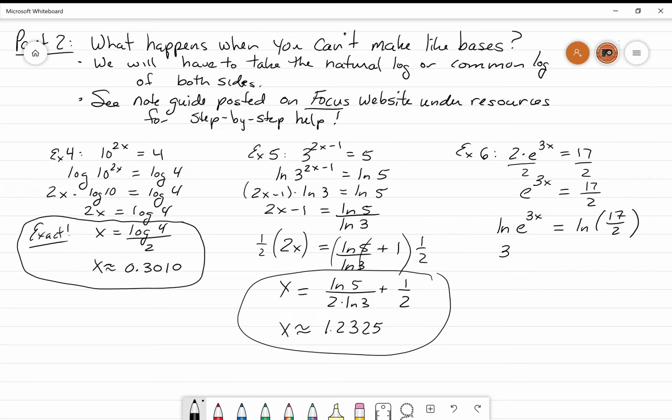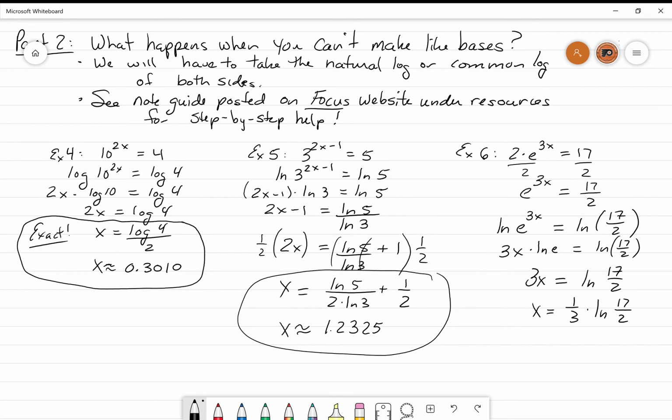Power rule again. We're going to remember that base e is natural log, so natural log of e is just a 1. And then I'm going to take that 3, and I'm going to again use the reciprocal, and now we have our final answer.